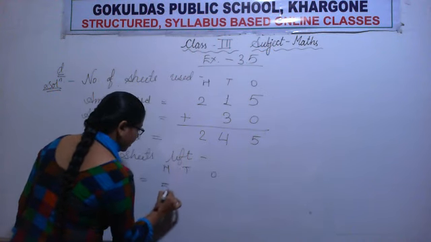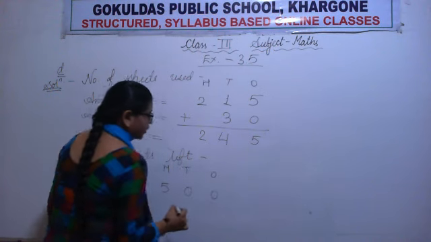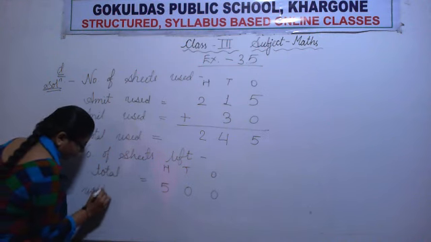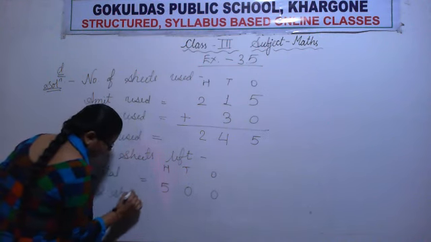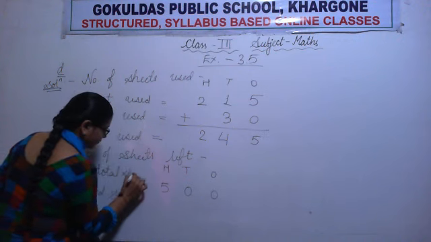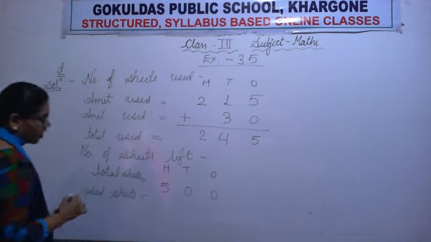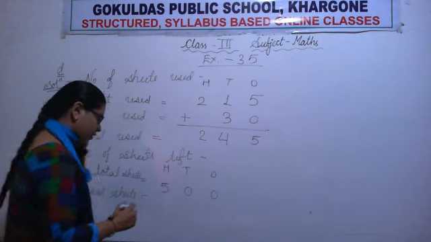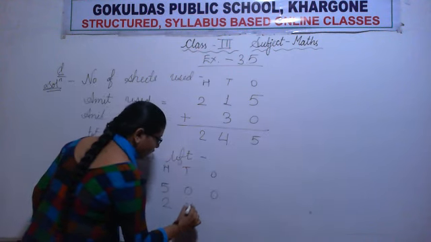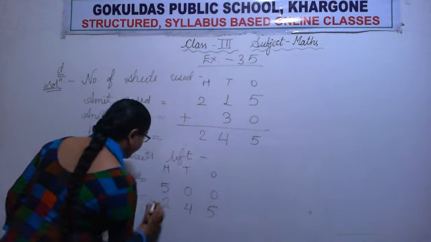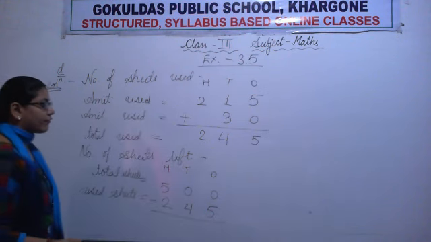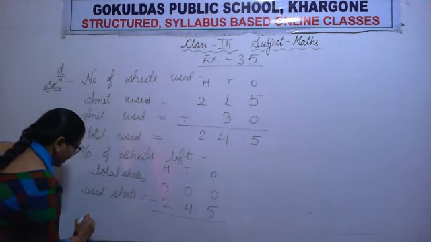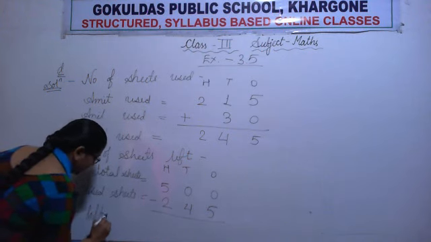Total 500 sheets were there. Now used sheets. How many sheets are used? 245. So we will write 245. Now we will subtract this 245 from 500 and we will get the left number of sheets.